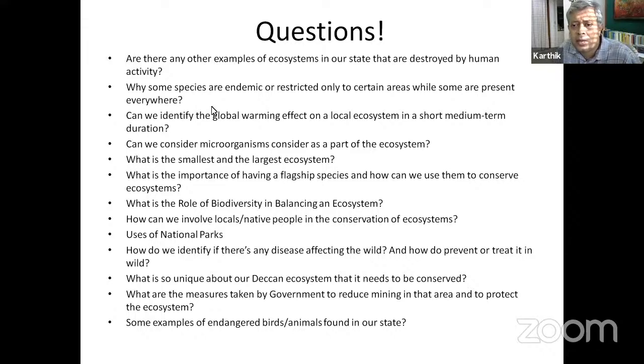Why are some species endemic or restricted only to certain areas while some are present everywhere? Very good question. See, those which are endemic or found in restricted areas are showing some specialization. And as I told you in my slide where I showed the different bulbuls, the one that is very different, like the yellow-throated bulbul or the black bulbul, which is having a larger wing length and a shorter tail length.